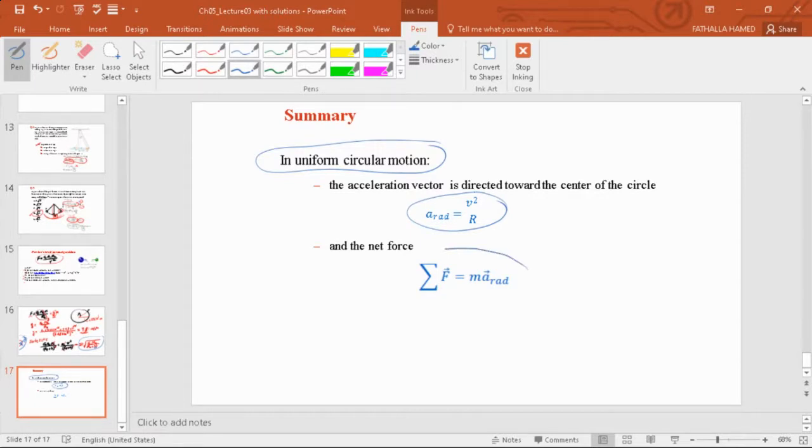That will give you a net force along the center of the circle, which is equal to m a_rad, which is m v squared over r, and you can apply Newton's second law for this circular motion as well. Is this clear? Any questions on this? Good.